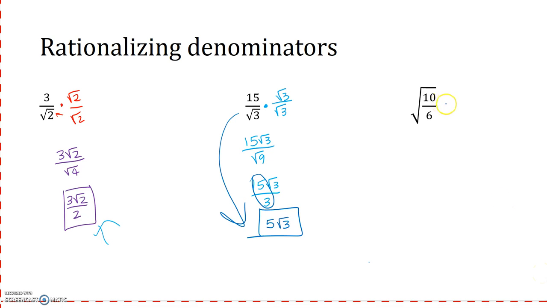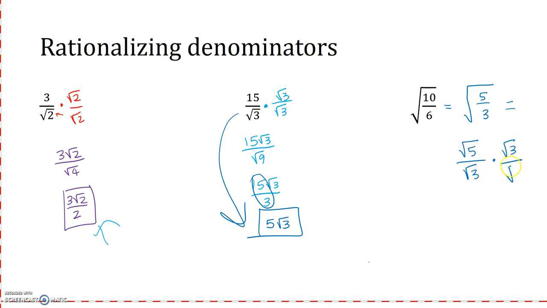And now this one, just for example's sake, we have a big square root and then a fraction. First, you can always reduce your fractions. 10/6 reduces to 5/3, because both numbers are divisible by 2. And then, whenever you have a radical that looks like this, what you're basically saying is you square root the top and you square root the bottom of the fraction. And now we can rationalize.